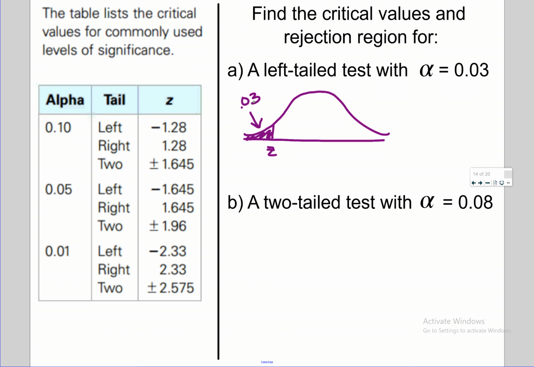So you're just going to find 0.03 in the middle somewhere, and find the Z-score that's closest to that. That's going to be on the negatives, of course, on the left side of my curve. Negative 1.88 would be the critical value. Usually we'll write Z sub C for critical value.